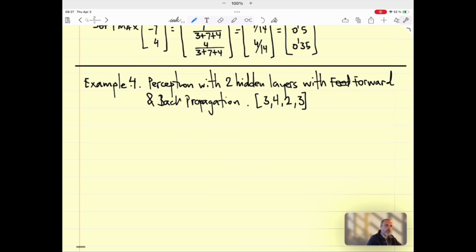Okay, so let's paint the architecture. X1, X2, X3. Then we have our H1.